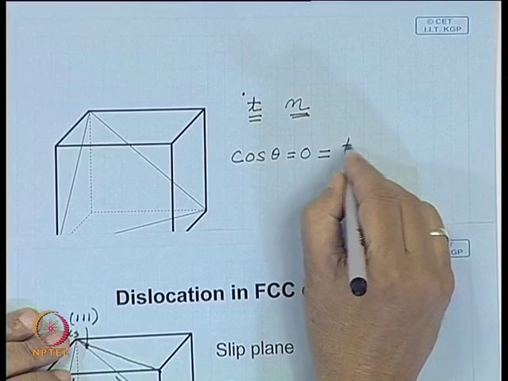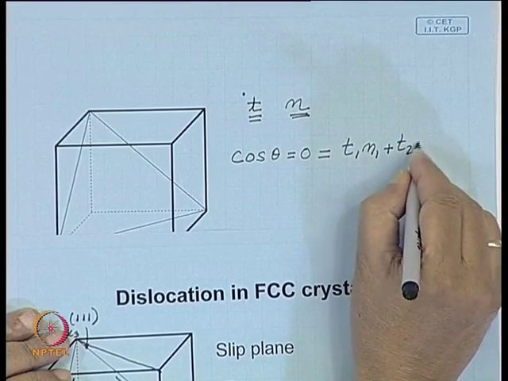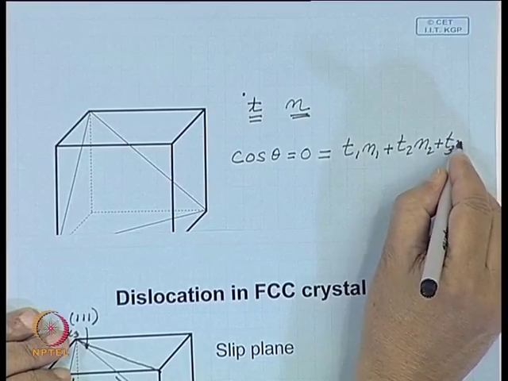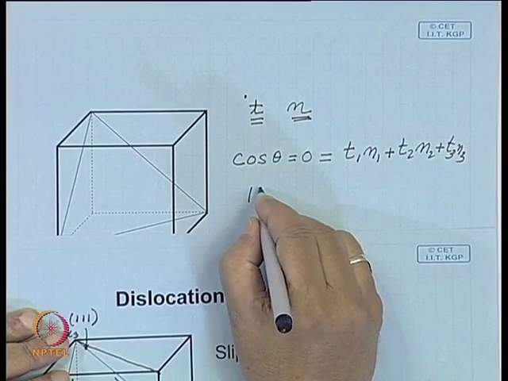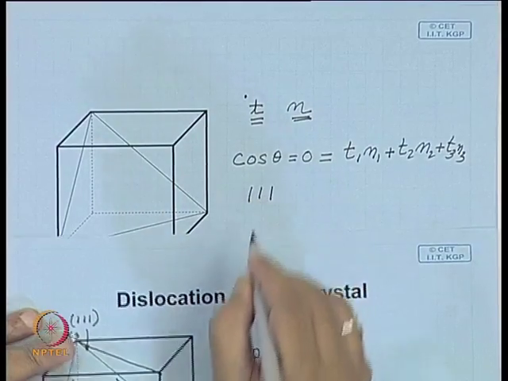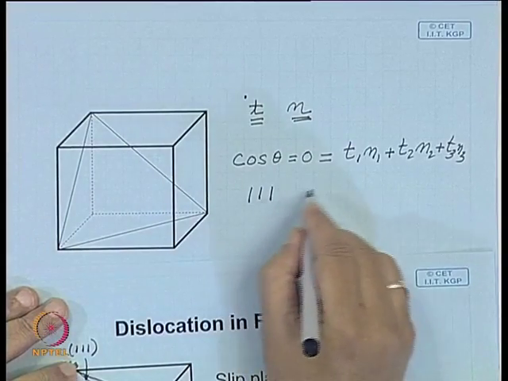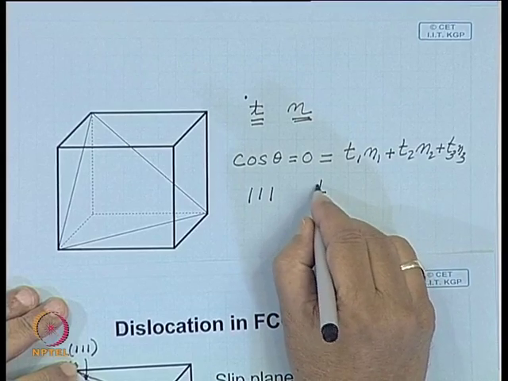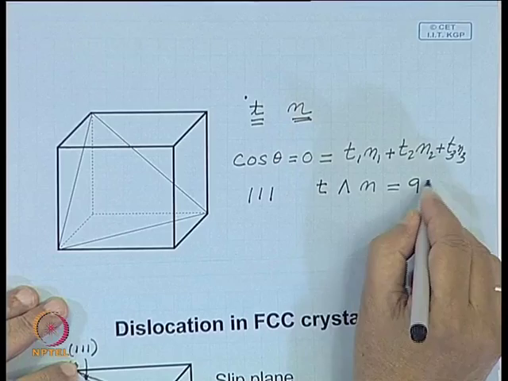So, that is t1n1 plus t2n2 plus t3n3. This should be 0. Suppose this plane is 1 1 1. So, this direction t should lie on this, so the angle between t and n is 90.